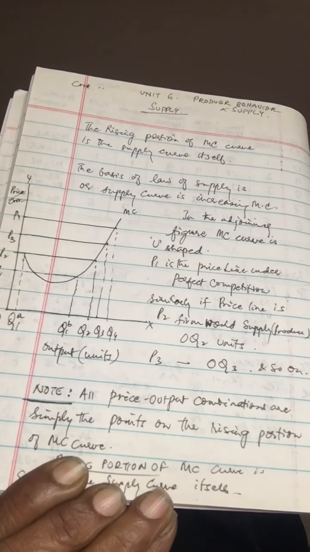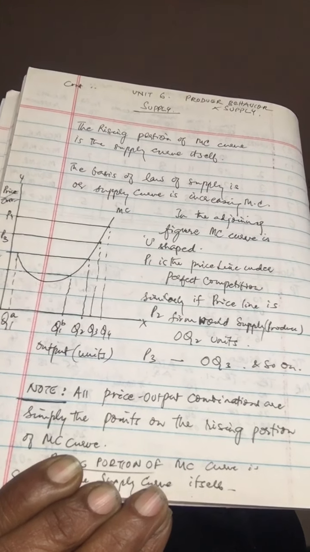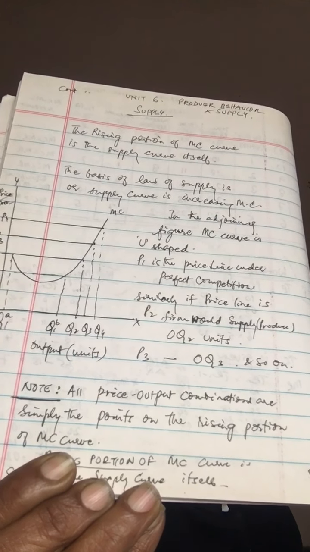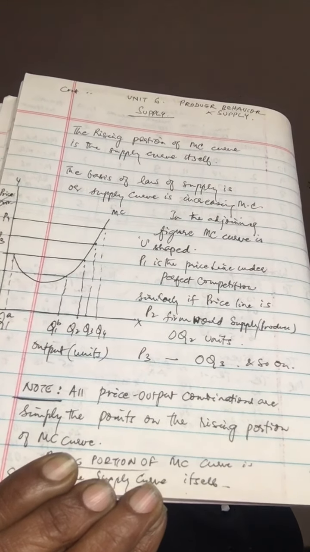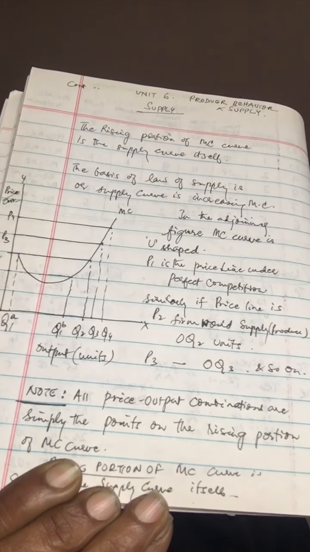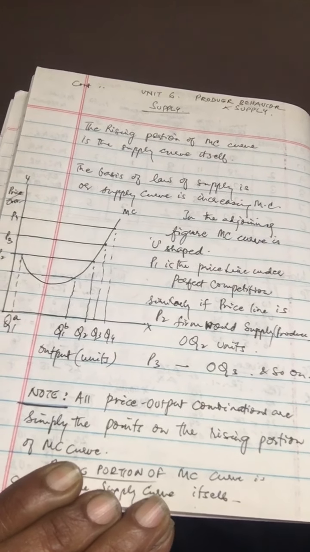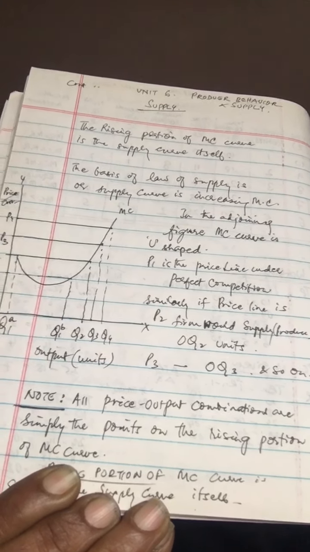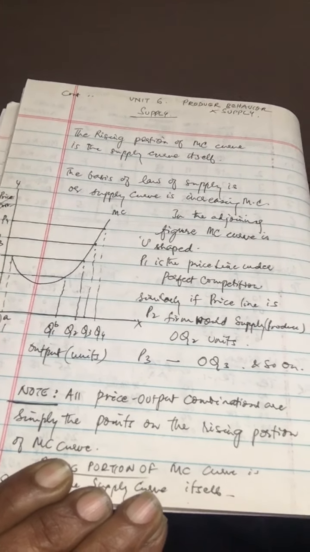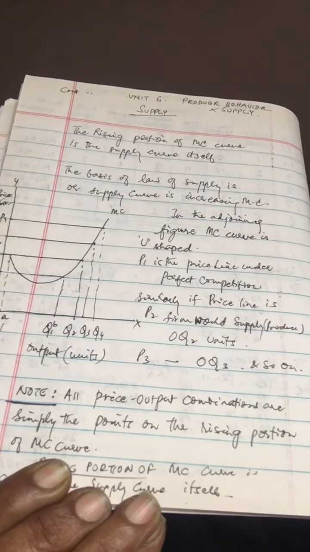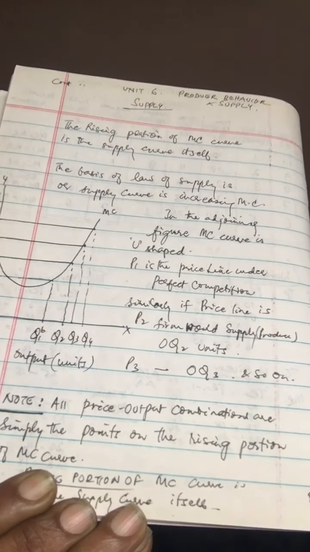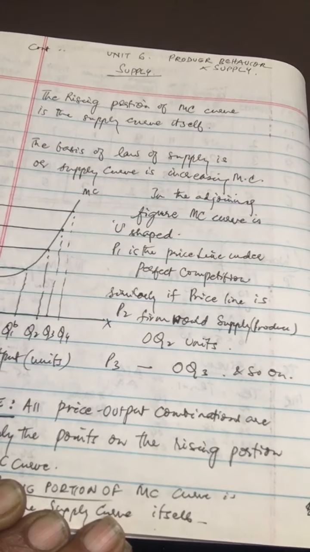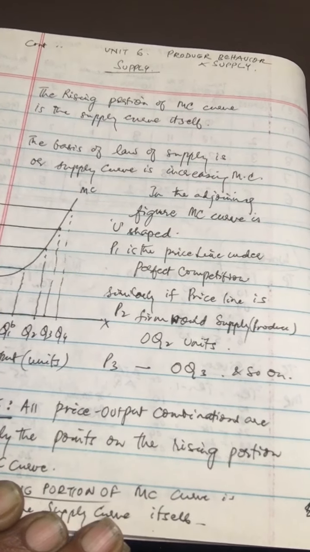Let's take the other point, say P2. At price OP2, the producer would supply OQ2 level of output. Let me just reiterate: under perfect competition, you have AR equal to MR equal to P, because prices are given.